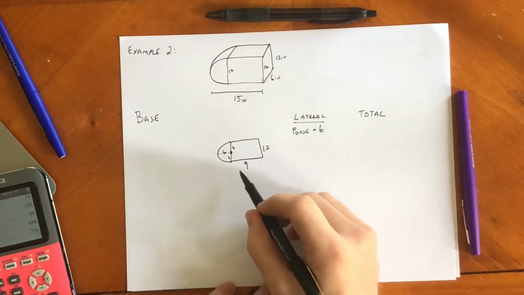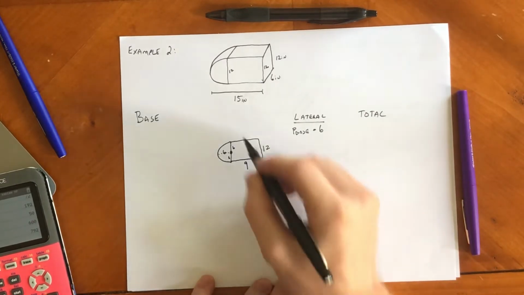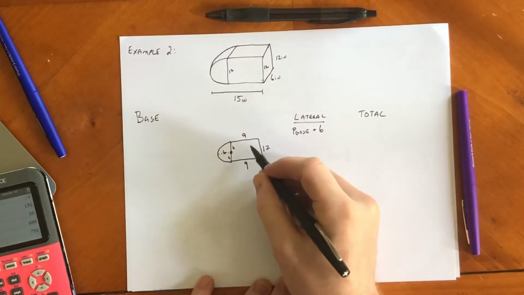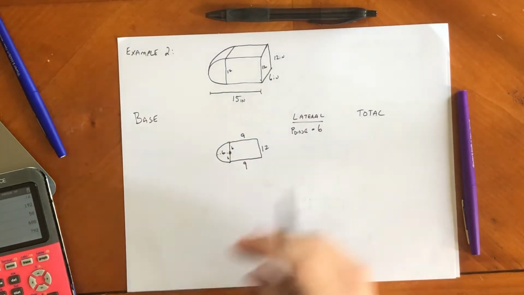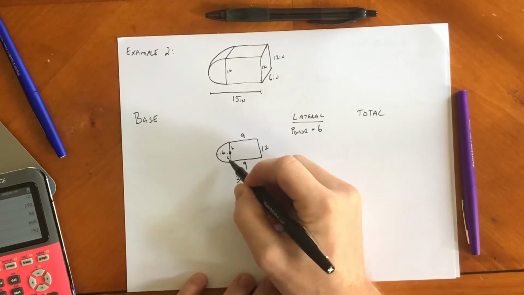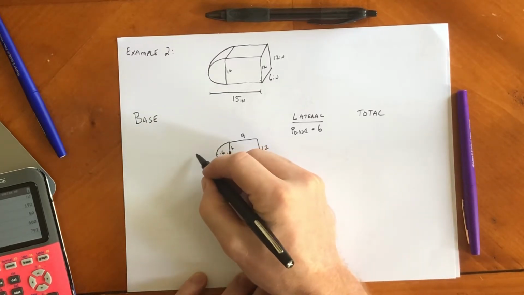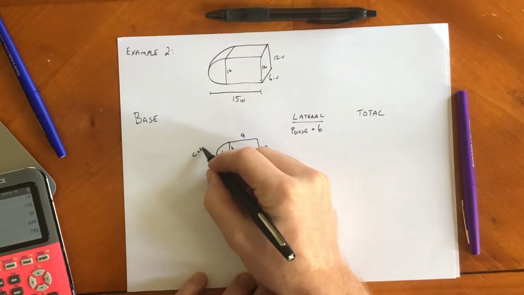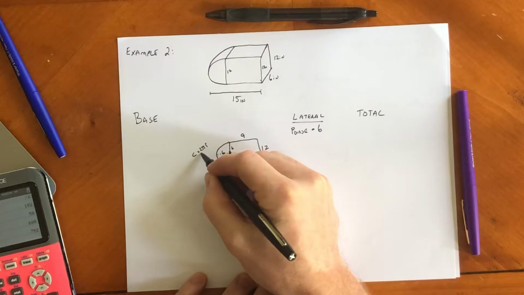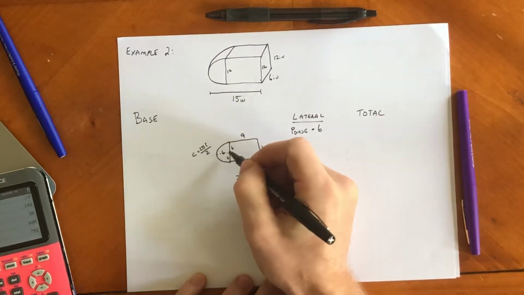So what I need to do is find the perimeter of this shape. So the perimeter of this shape is going to be 9 plus 9 plus 12, so 18 plus 12 is 30. But then I need to add to it this part of the semicircle, right? So circumference of a circle is equal to 2 pi r, but then we have to divide that by 2 because we only want half of the circle, right?